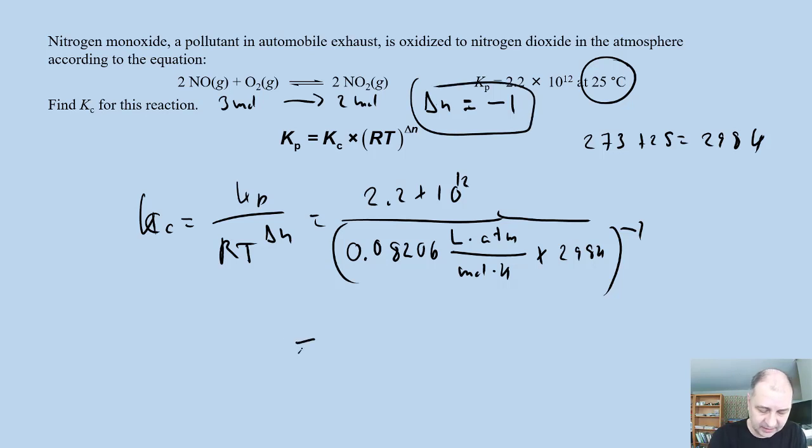And so we get a number of 5.4 times 10 to the 13. That would be Kc, so they're not the same.